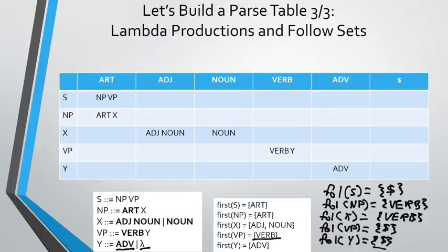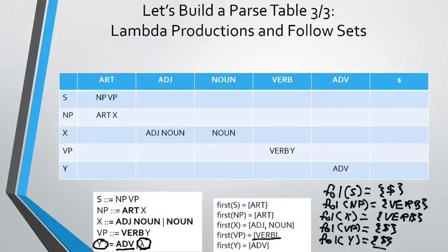Well, we would know by looking at the follow set for this particular non-terminal. And if the next symbol on the input belongs to the follow set, that tells us we can successfully use the lambda production and move on. It indicates that the next non-terminal in the stack should be able to process that terminal on the input successfully, and we'll be able to keep going.